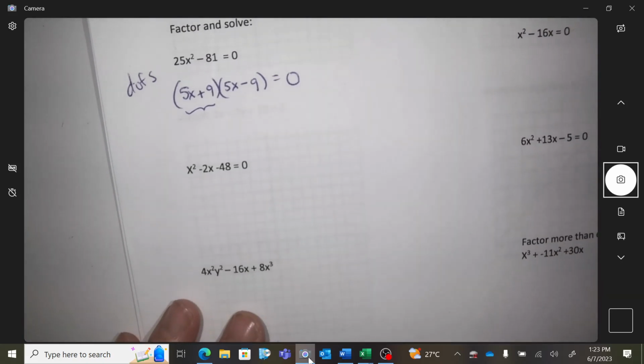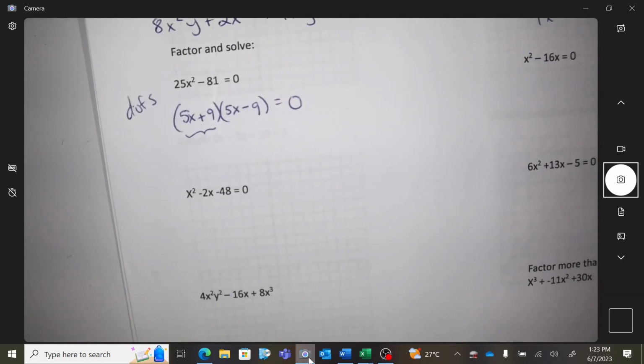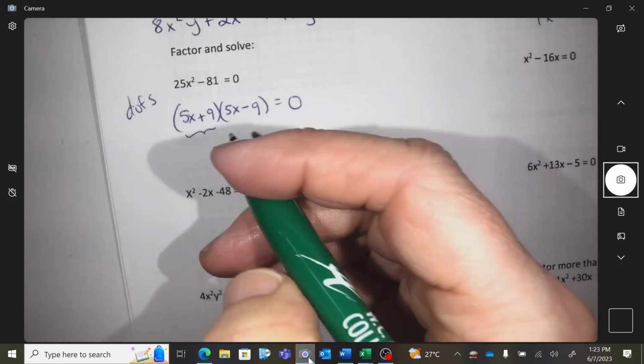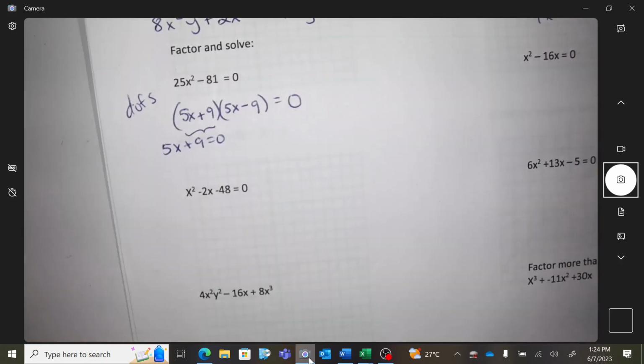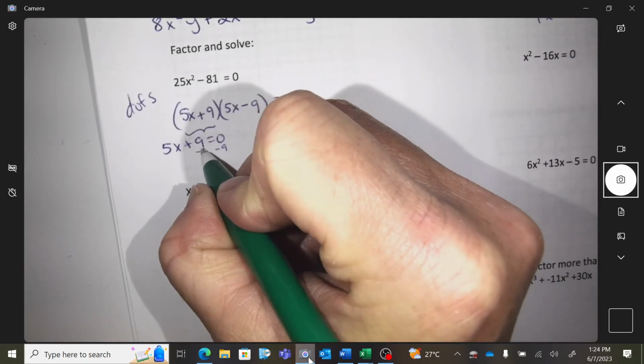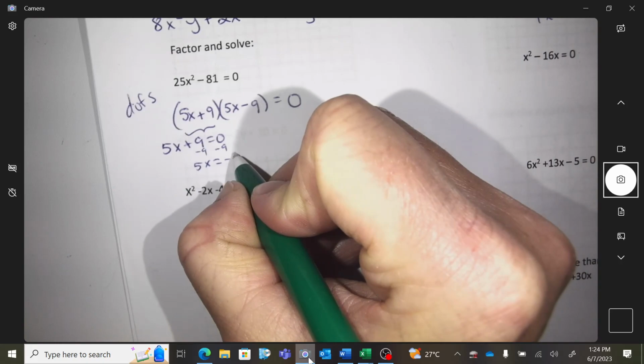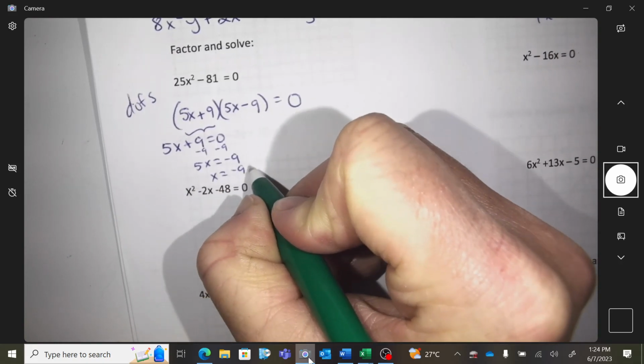So if you forgot the shortcut, I have a little bit of a shortcut. If you forgot that, simply think what makes that 0? How do you solve algebra? Subtract 9 from both sides. Divide by 5 and divide by 5.